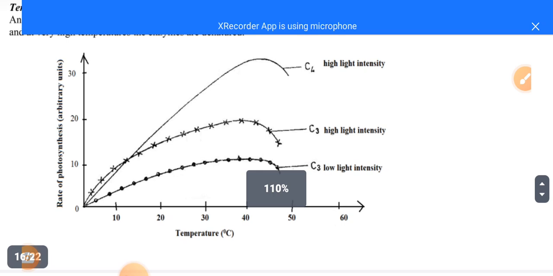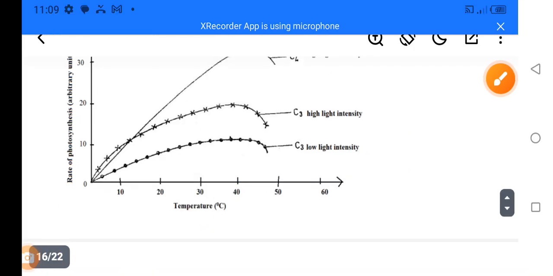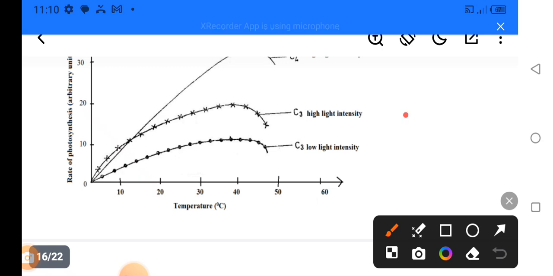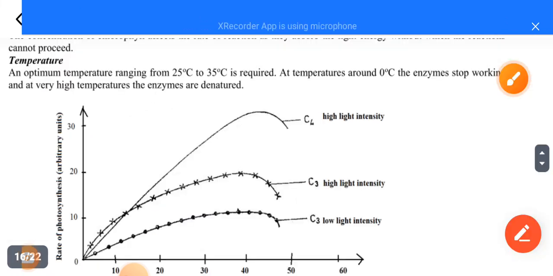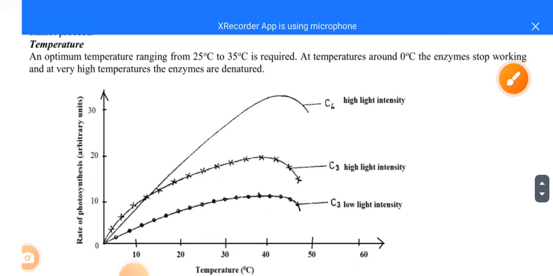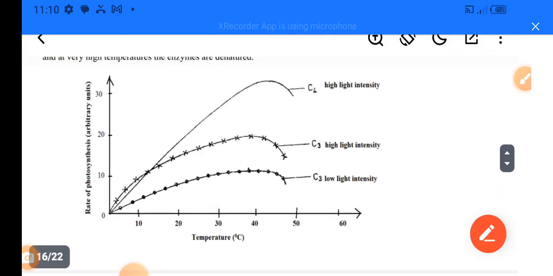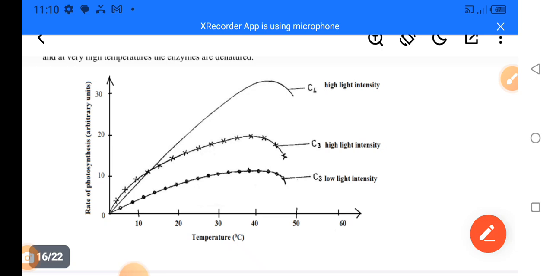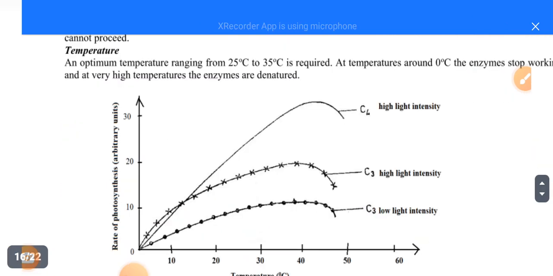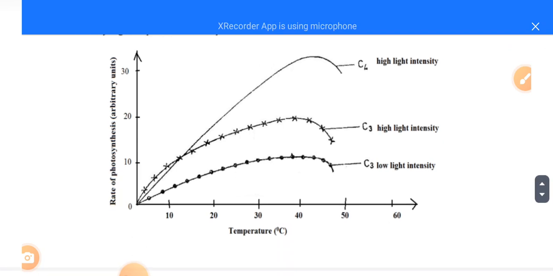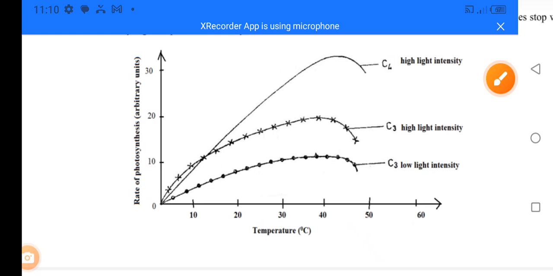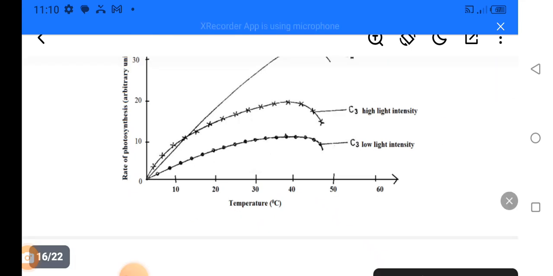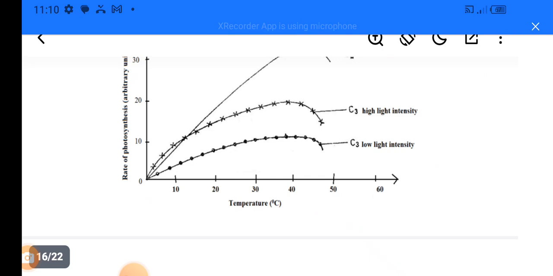I want us to look at this graph properly. When we look at that graph, we have temperature down here, and we have the rate of photosynthesis in arbitrary units.